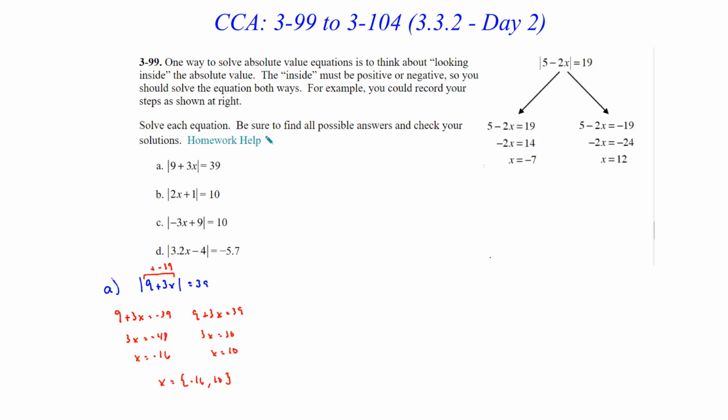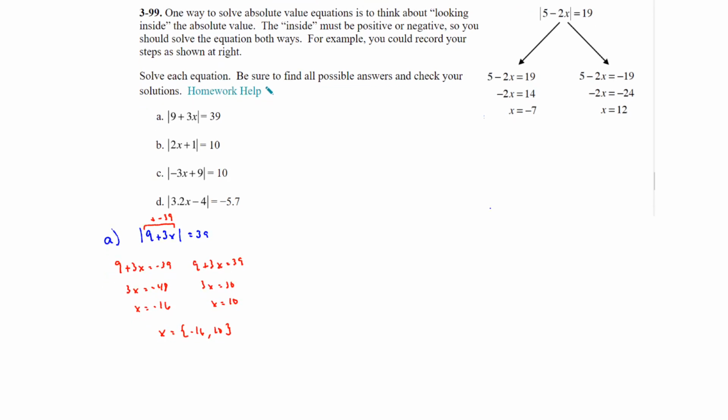It also does say to check your solutions, and you can do that as well by plugging them back in to see that they are true. I'll just show you the first one, but I won't do the rest. So the absolute value of 9 plus 3 times negative 16 should equal 39, and that's 9 minus 48. And that's the absolute value of negative 39.